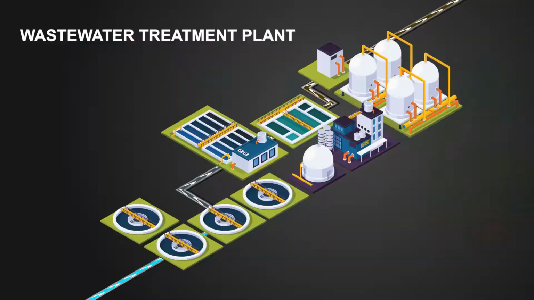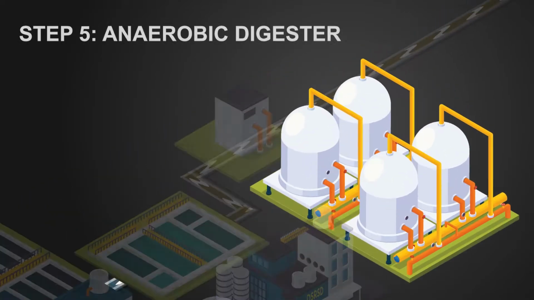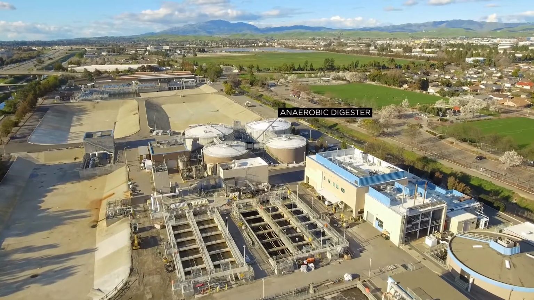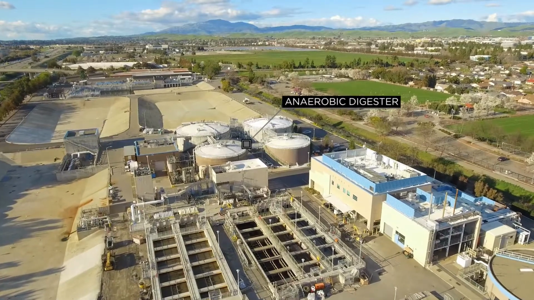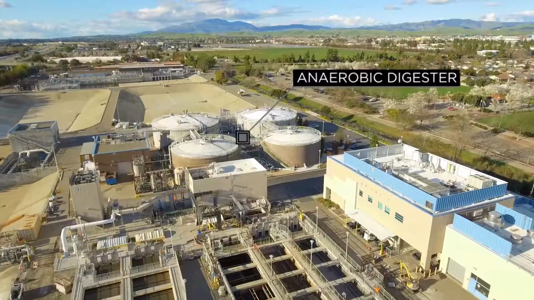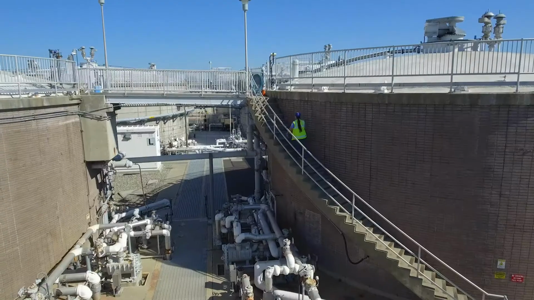The solid stream then goes to anaerobic digesters. We call it a digester because it works similar to the digestive tract of all warm-blooded animals. So those digesters basically have two classes of bacteria. The first class of bacteria are called acid formers. They take all the food that we eat and they break that food down into organic acids.